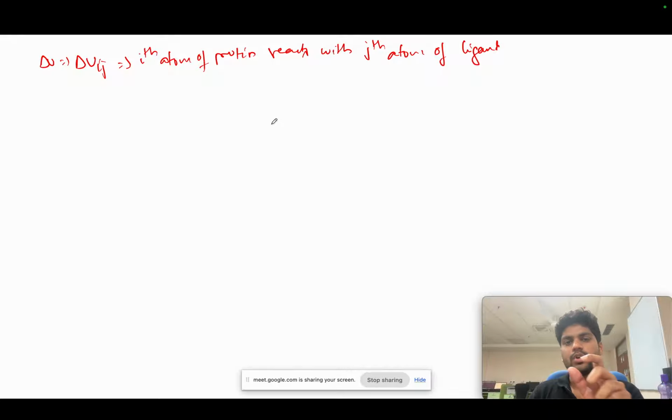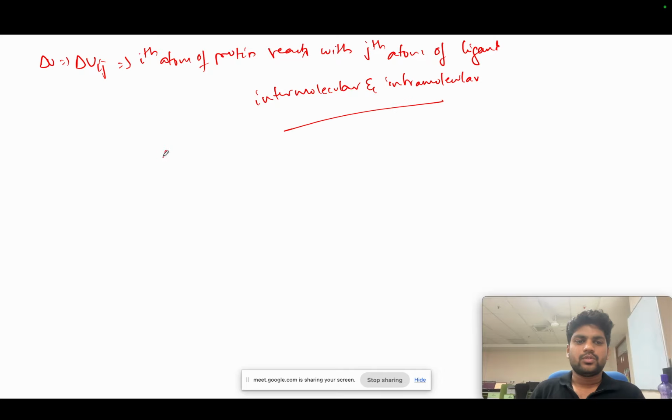From this, even the small intermolecular and intramolecular interactions were carried out to give the final value of delta G.